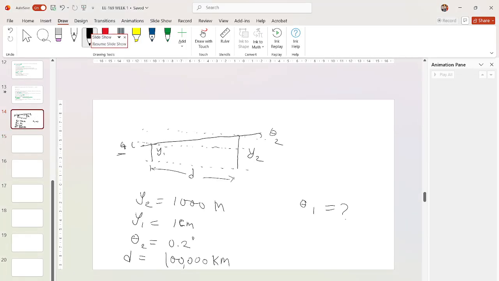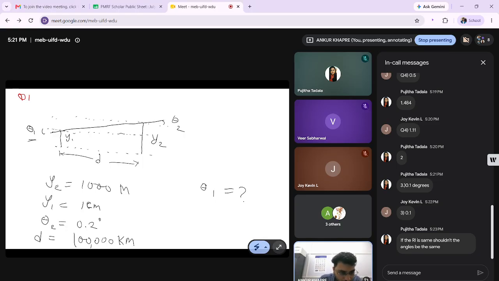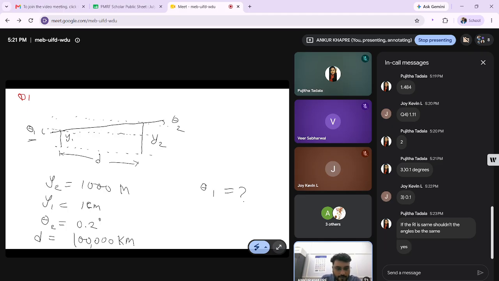You need to calculate theta one. If the RI is the same, the angle is the same. You're talking about question one? It's an optics problem. There will be many optics here, lenses and other things.